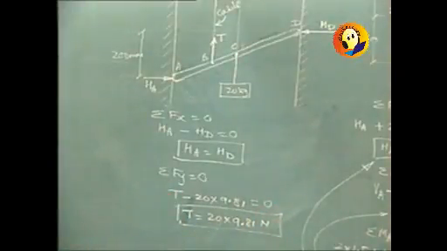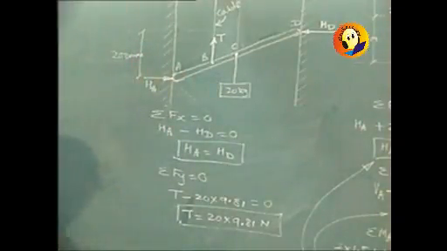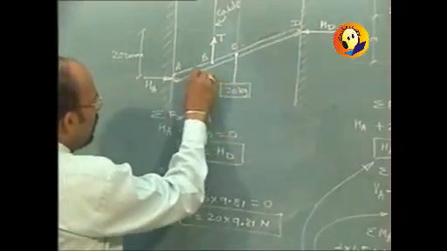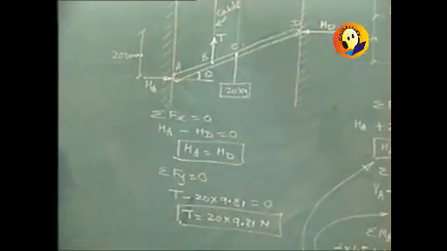And now we can take the moment at any of these points, so these distances will be useful. If we find this angle made by the beam with horizontal, if this angle is theta, then that theta can be calculated.